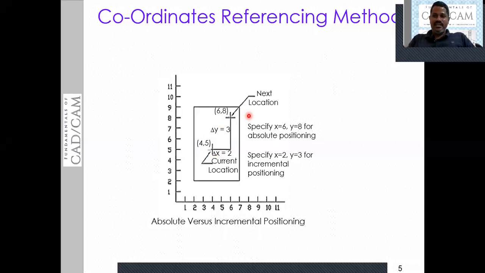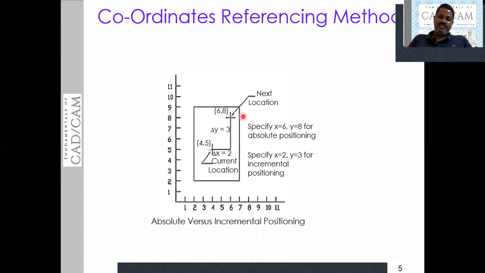So in incremental positioning, or in the incremental referencing method, the current location will be taken into account to specify the next location. In terms of increments, we will give increments to the current location to specify the next location. In turn, you can call it that way, or you can specify it that way.